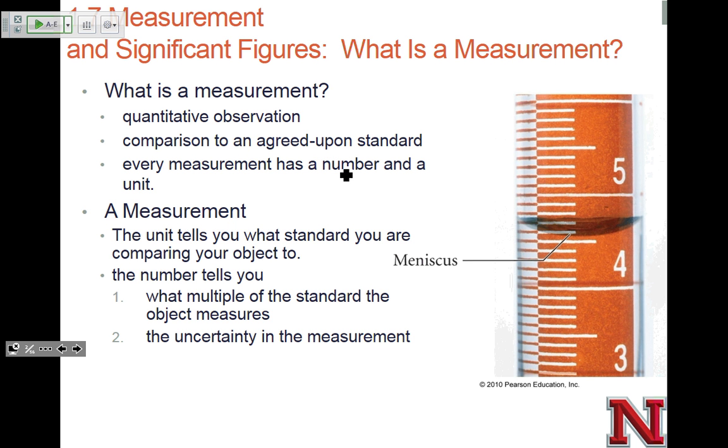But we're not real certain about the rest. We clearly have less than 4.6 and more than 4.5. We might say it's 4.56 milliliters, 4.57 milliliters. Do I know exactly if it's 4.56 or 4.57? No, that last number that I just called out has some uncertainty to it.